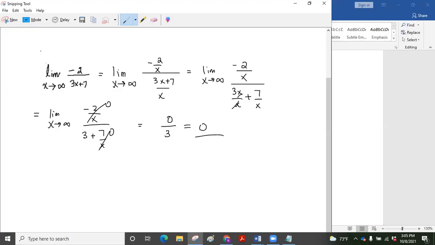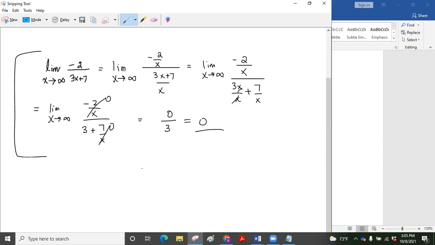The basic rule to remember is that if your denominator is a constant and you have infinity or negative infinity in the bottom, the whole thing will go to 0, because you're dividing by greater and greater numbers in the denominator, and that would make your number smaller and smaller and essentially approach 0.